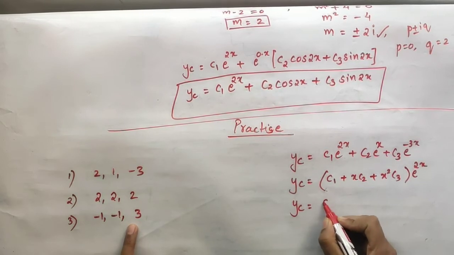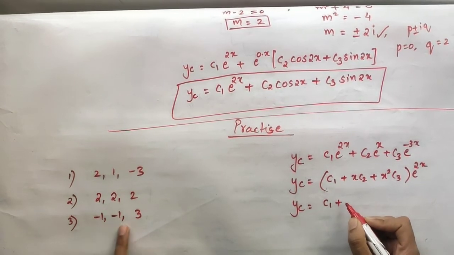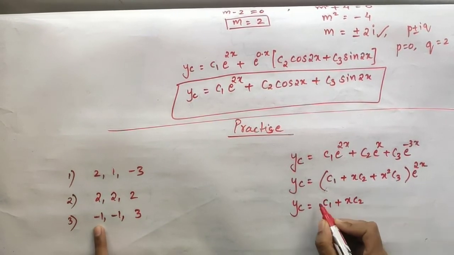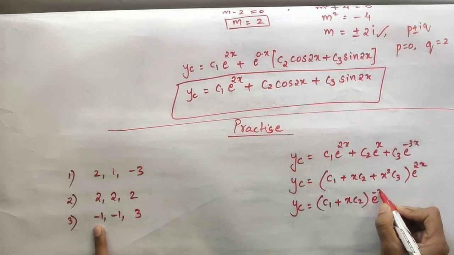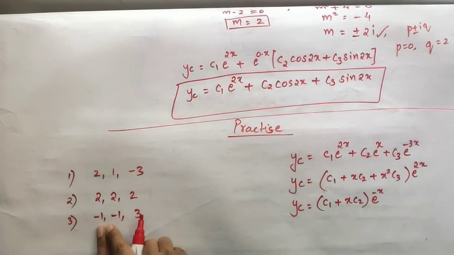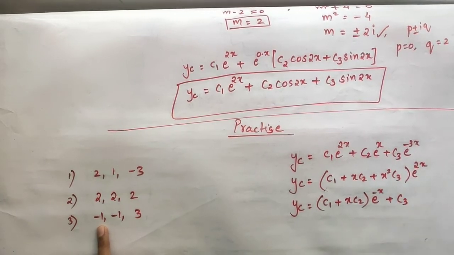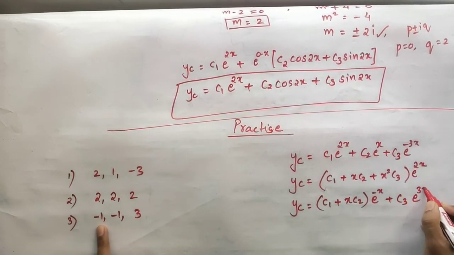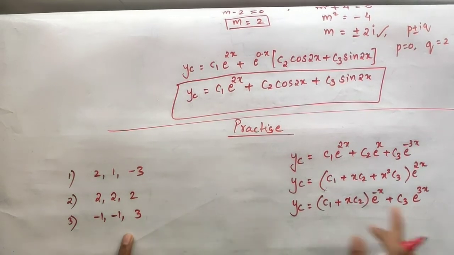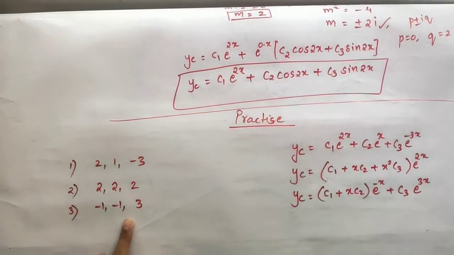So it should be c1 plus x c2, since the two are repeated, times e to the power minus x, because minus 1 is the one repeating, right? Plus attach one more constant, c3 e to the power 3x, for the last root. I hope it is clear to all of you.